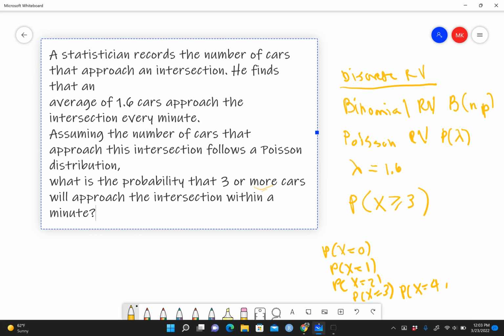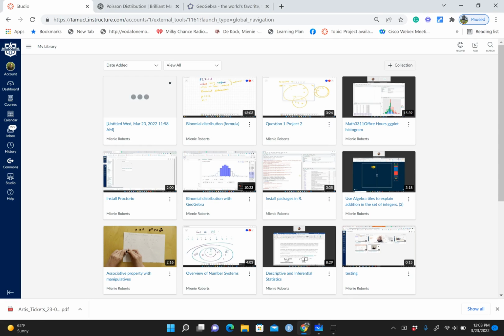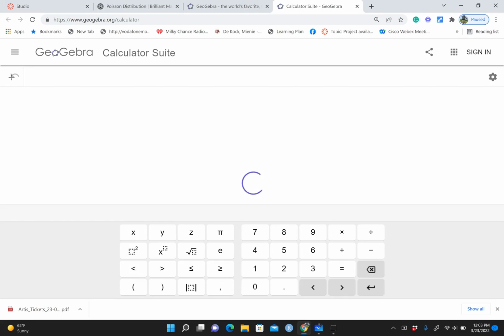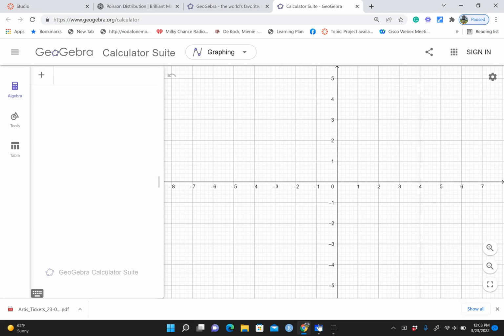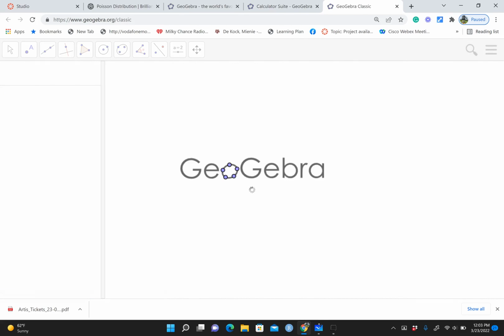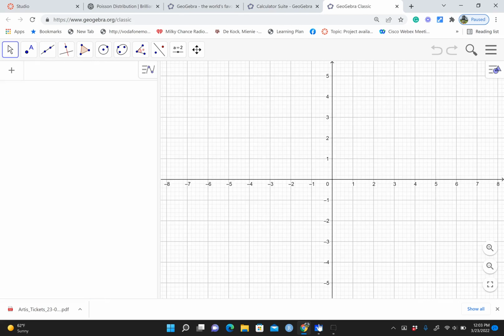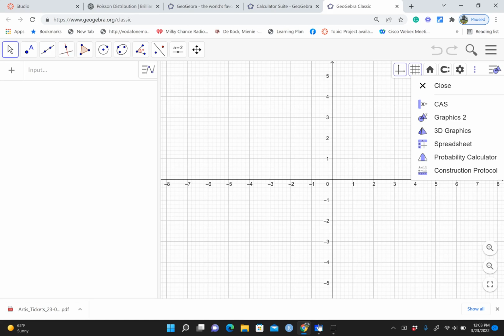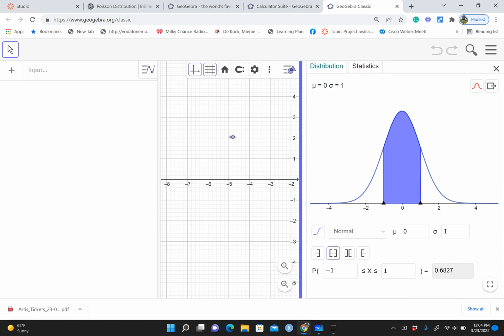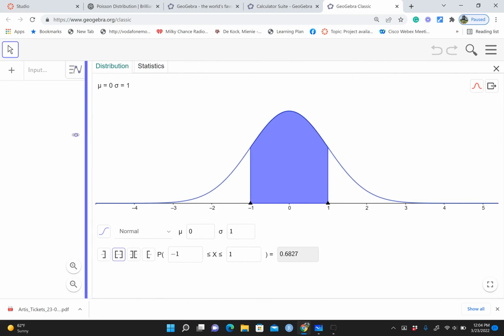And we will see now. Let's take a look at how to solve this using the GeoGebra platform. So you can go to geogebra.org, and then from there you're just going to pick GeoGebra Classic, and then you can pick the probability calculator. Okay, and this calculator will actually give you all the distributions and more.